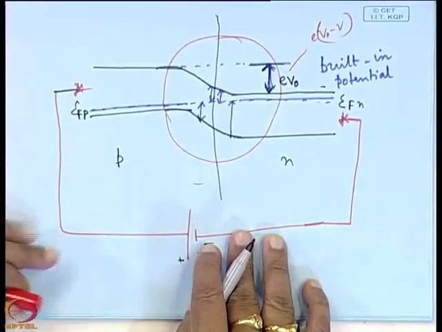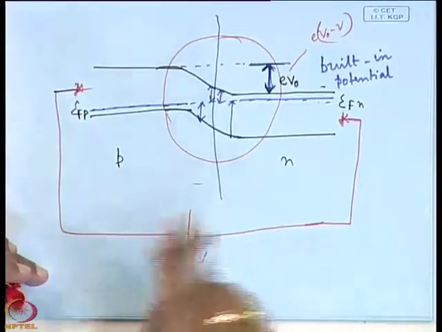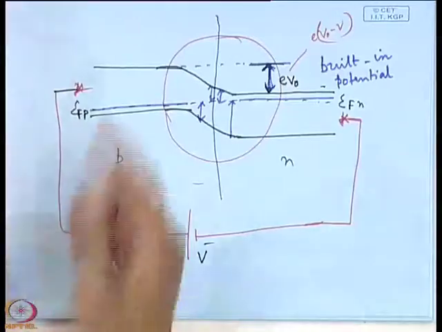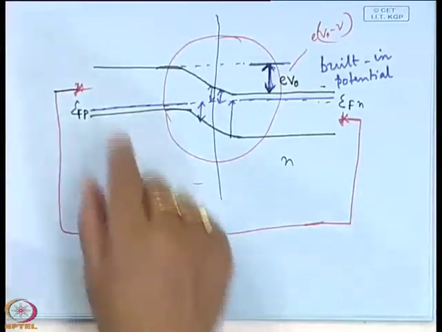Okay. Why does such a thing happen? No, actually the physical significance is that the whole voltage, V amount of voltage, will be dropped at the depletion region only. Why? Because away from the depletion region, in the bulk region, on this side or that side, it is conducting in nature. So, there will not be a voltage drop.